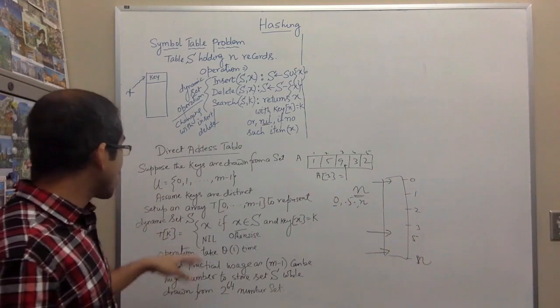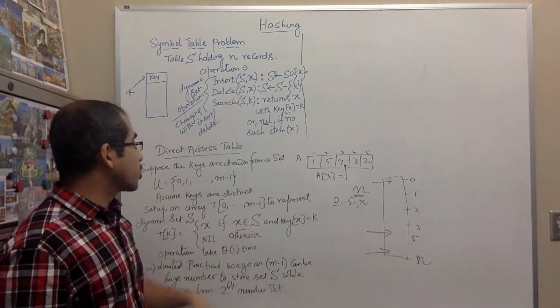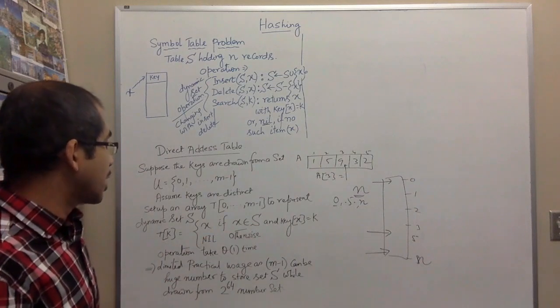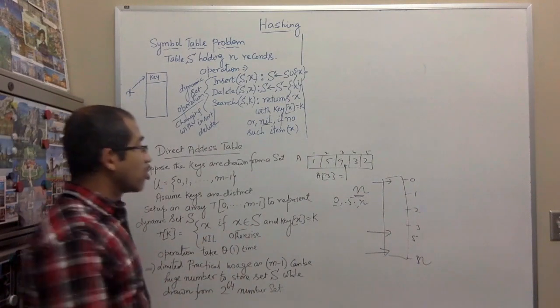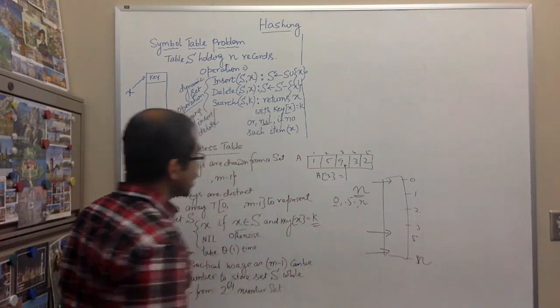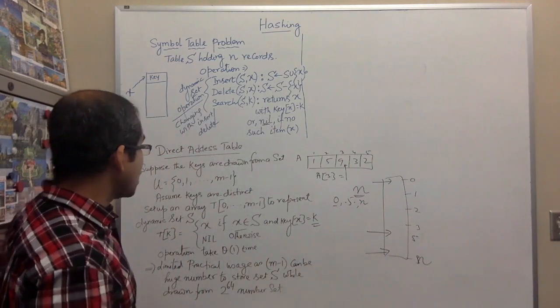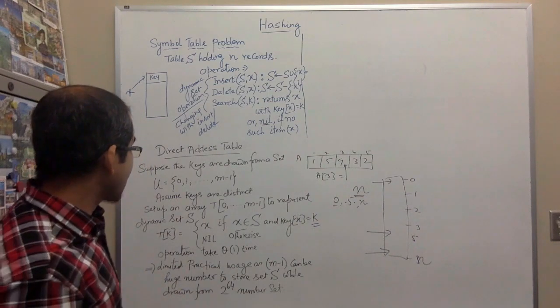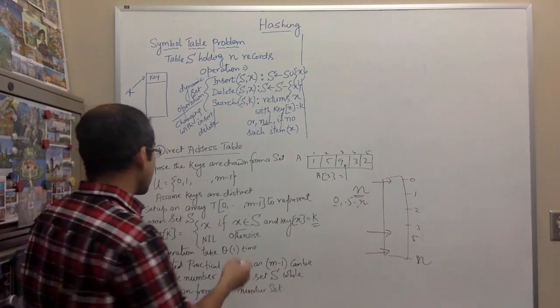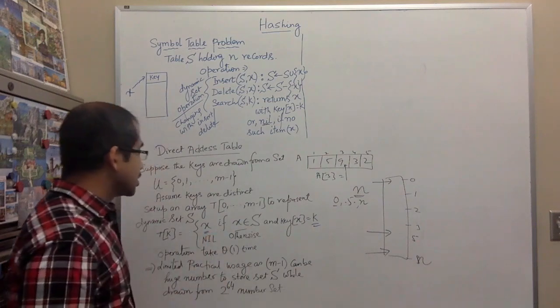Now T[k] equals x if x belongs to S and key[x] equals k. That means in position T[k], the key is actually serving to find the position. So the record x will be stored in that position if x is in the table.